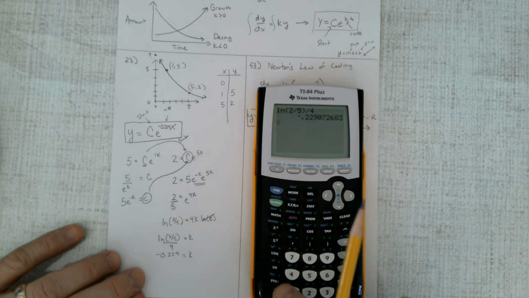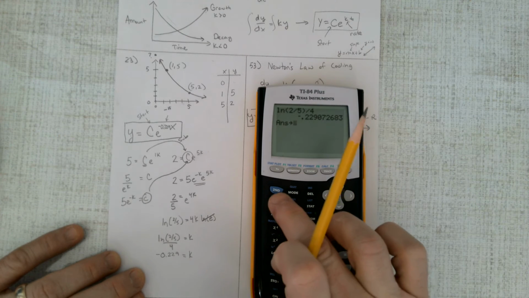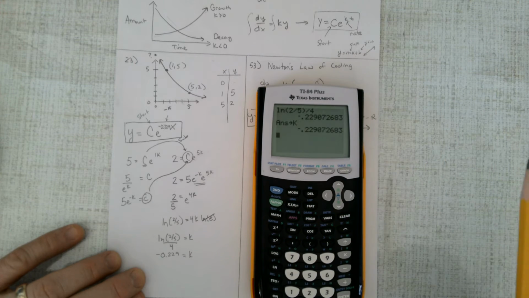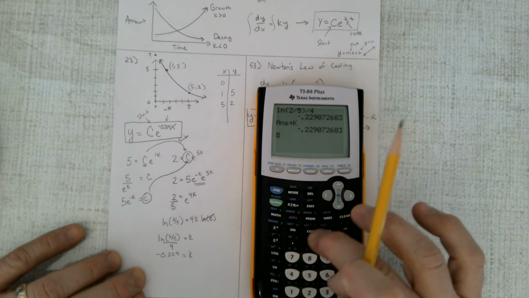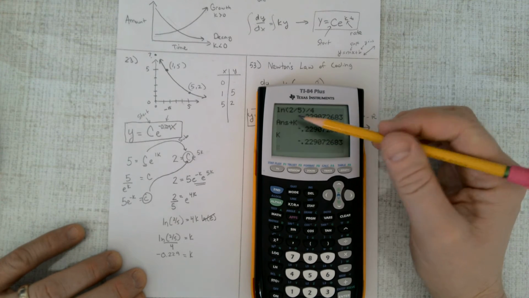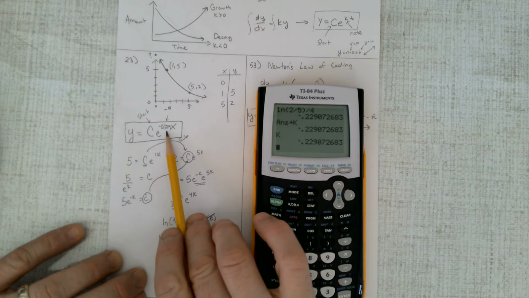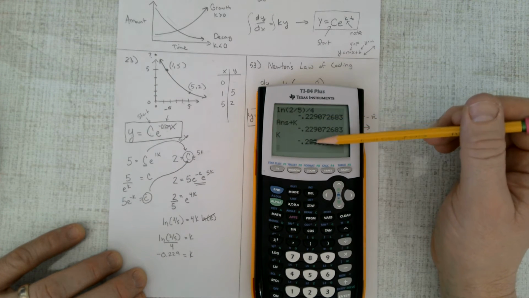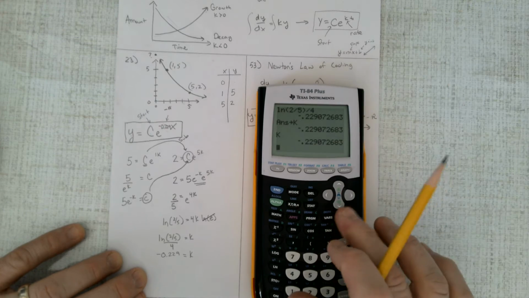So I'm going to hit store, press alpha, and store it into the variable k. That way, anytime I need that number, I can use k, and it won't be rounded. So try not to round. You can write your answer rounded, but we need to do more work with this, so store it into k.